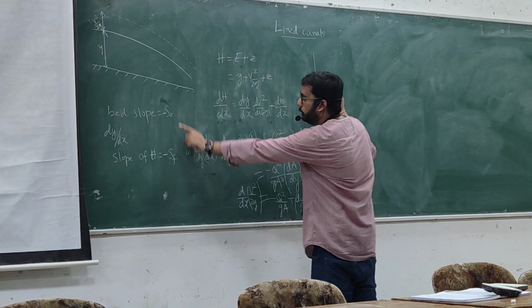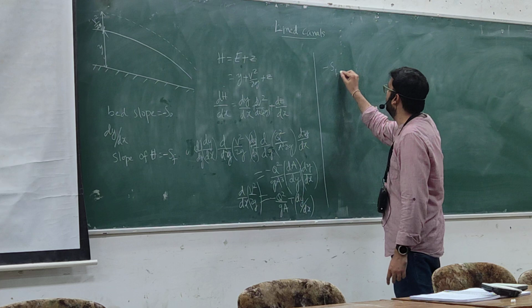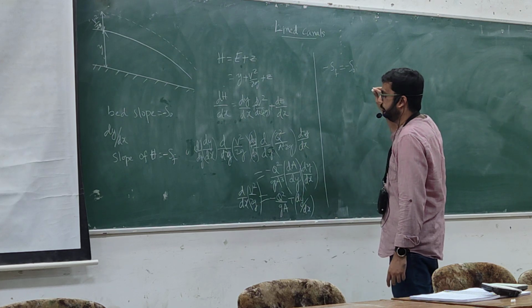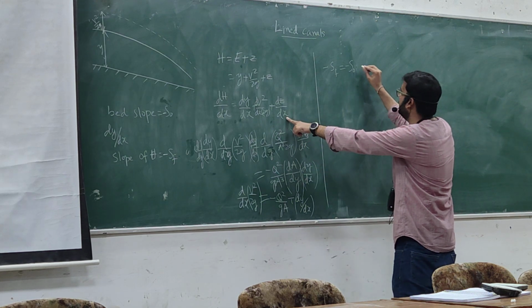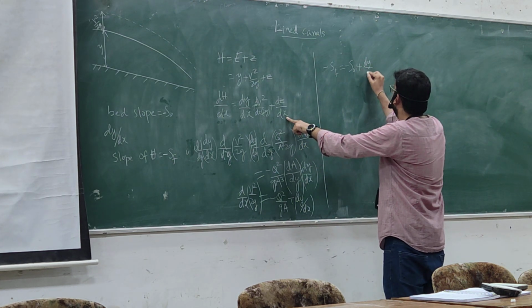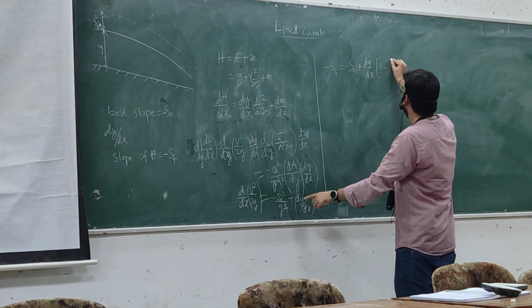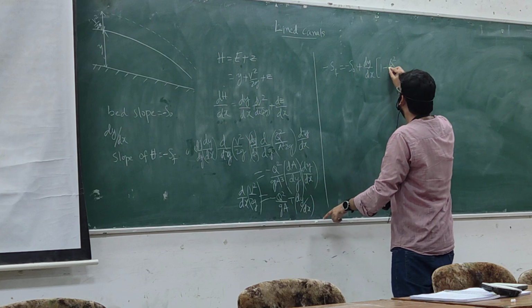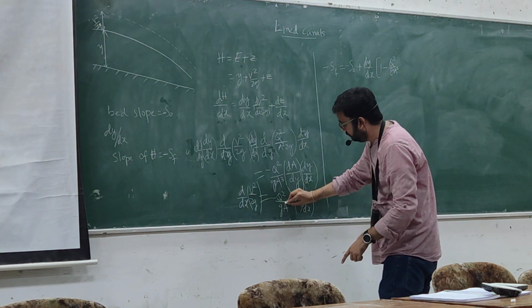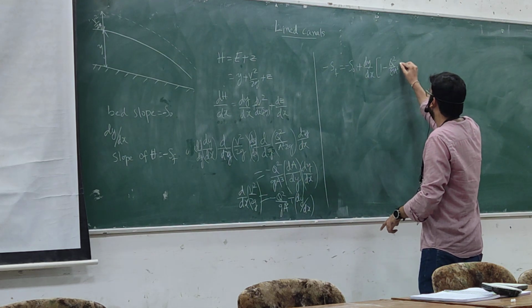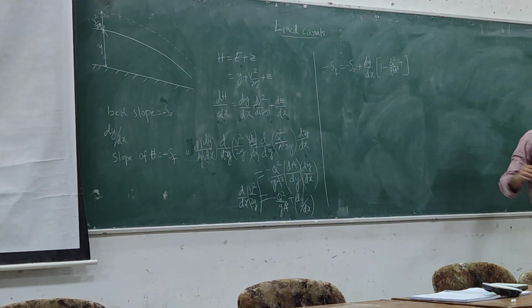So now if I use these two terms, if I bring in the SF and S naught, so minus S naught is for dz by dx. So this is what you would get.